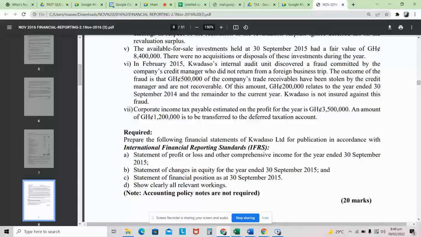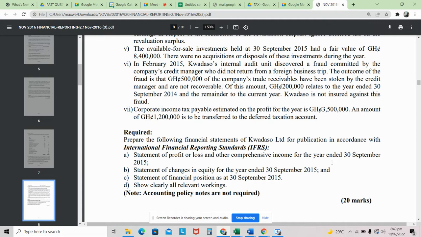Required: prepare the following financial statements of Kwadaso Limited for publication in accordance with International Financial Reporting Standards (IFRS). A. Statement of profit or loss and other comprehensive income for the year ended 30th September 2015.